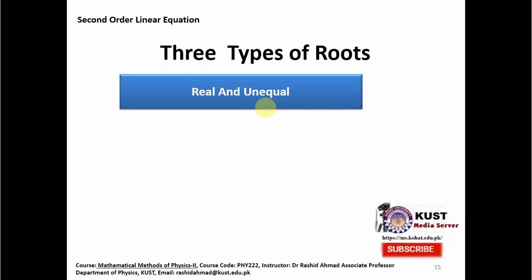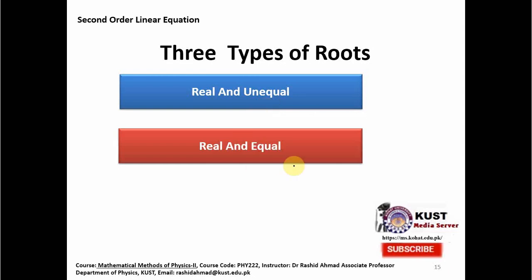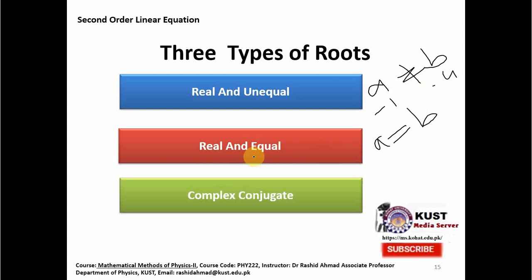But we can also have real and equal roots, when a is equal to b. In this case a was not equal to b, because we had -1 and -4 over here. But there is a third possibility as well, that our roots are complex and conjugate to each other.